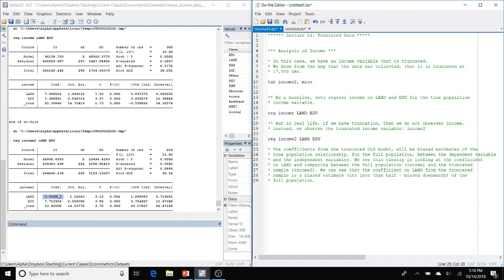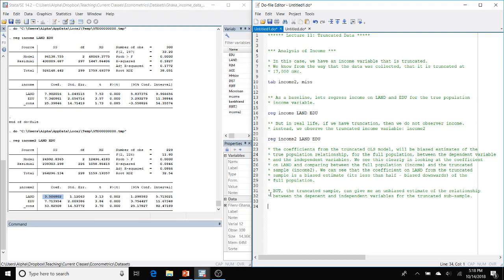But like I said in the lecture, the truncated sample can give me an unbiased estimate of the relationship between the dependent and independent variables for the truncated subsample.